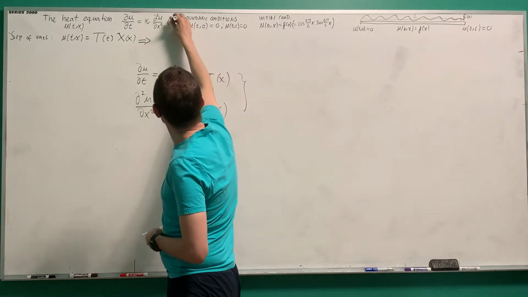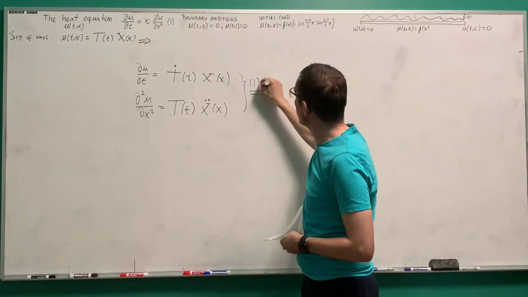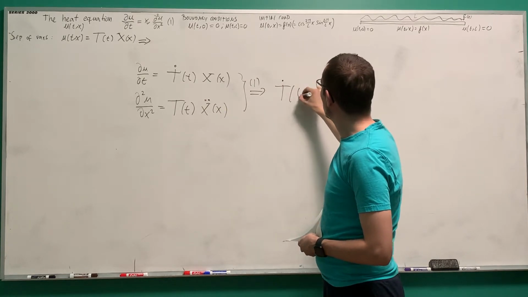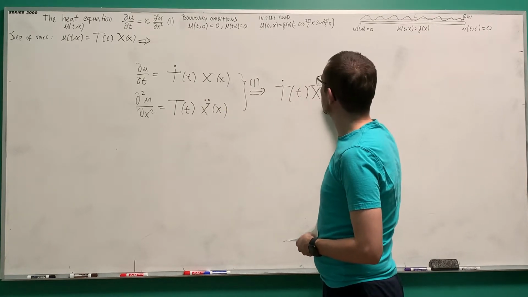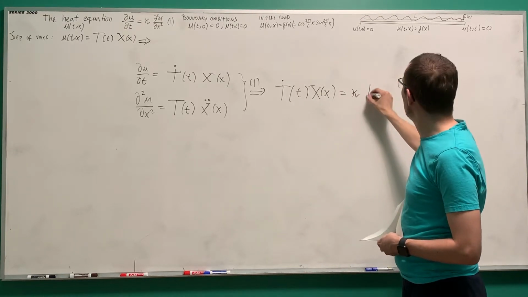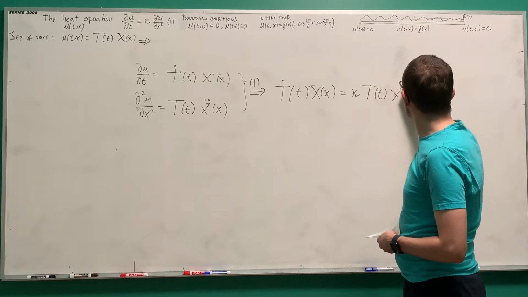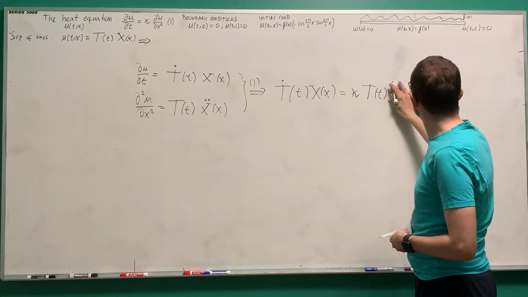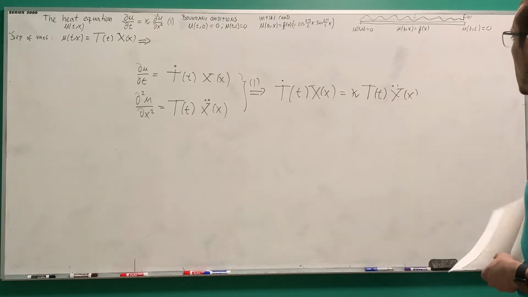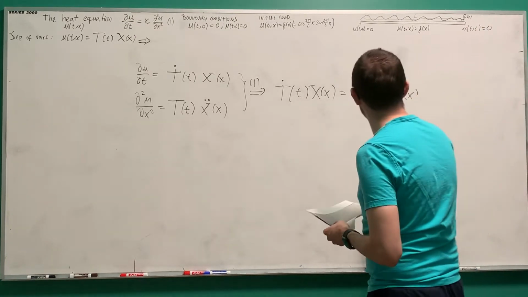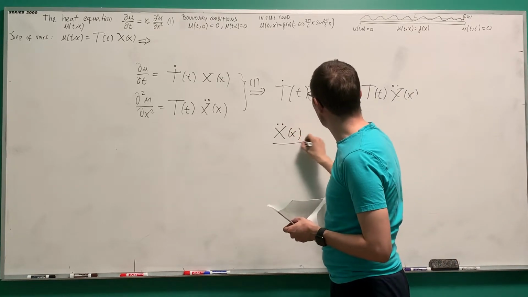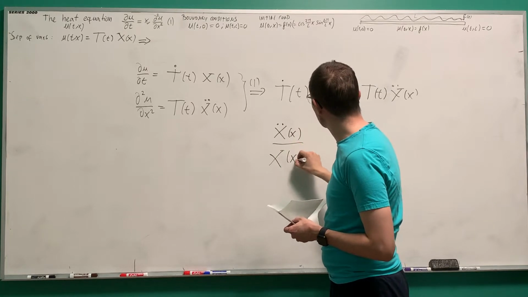This is the equation, and then we substitute this in 1. What do we get? Well, on the left-hand side, let's just write the whole thing. T dot of t, X of x, equals kappa, T of t, X double dot of x. Now, we can rearrange this and write all the x's on one side. For example, X double dot of x divided by X of x.